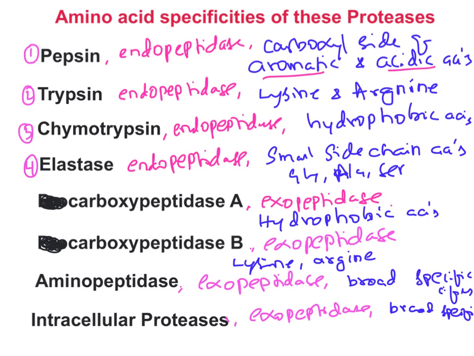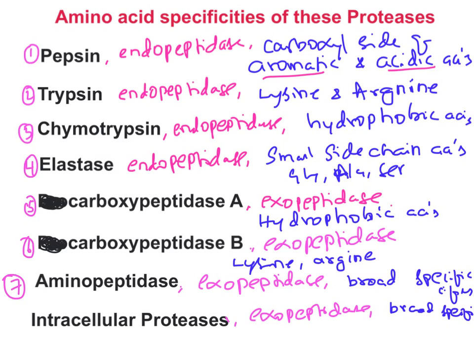Then we have another pancreatic protease, the carboxypeptidase A enzyme. It's an exopeptidase acting on the carboxy terminus containing hydrophobic amino acids. We have the carboxypeptidase B enzyme, a pancreatic protease and an exopeptidase acting on the carboxy terminus if it contains lysine and arginine. Then we have the seventh enzyme, aminopeptidase. Note that it is already attached over the brush border epithelium of the small intestine, especially duodenum and jejunum.